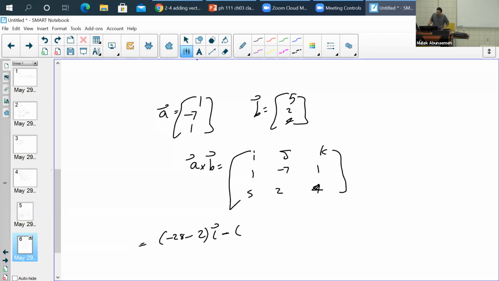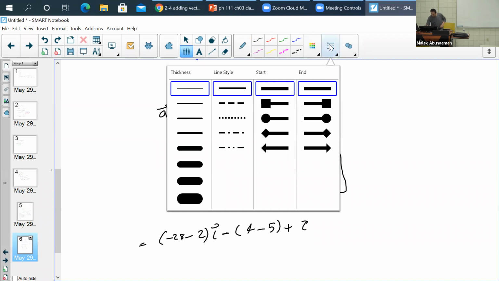So with the J's, what you got? You got 1 times 4 is 4, minus 1 times 5, which is 5, plus your K direction, which is going to be 2, plus 35.